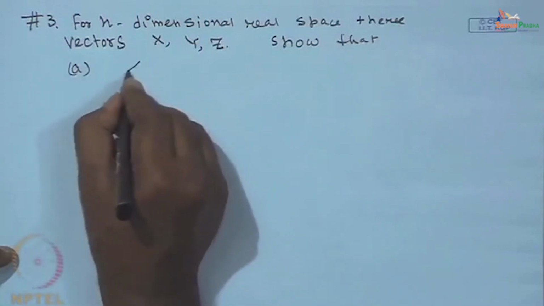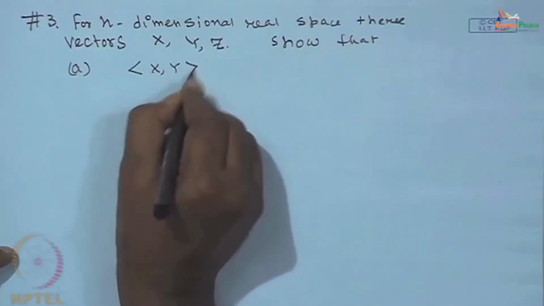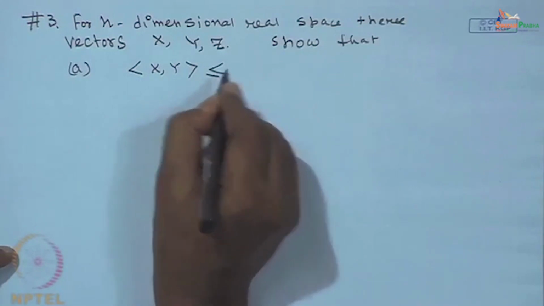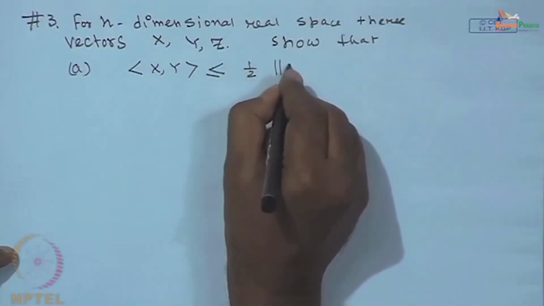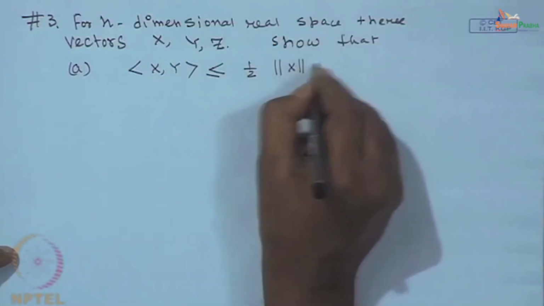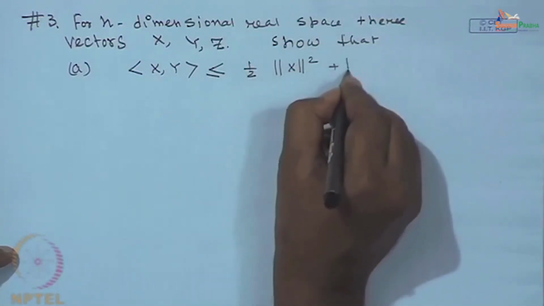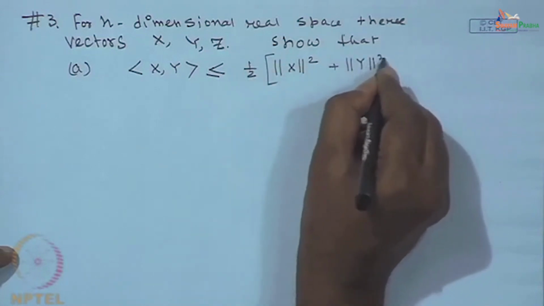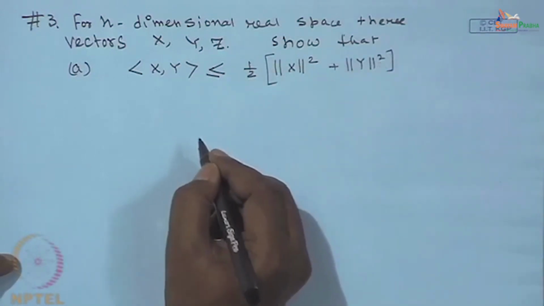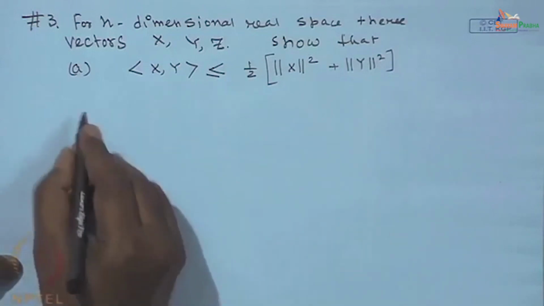first, the inner product between x and y will be less than or equal to half of norm of x square plus norm of y square. This is the first relation we have to show.